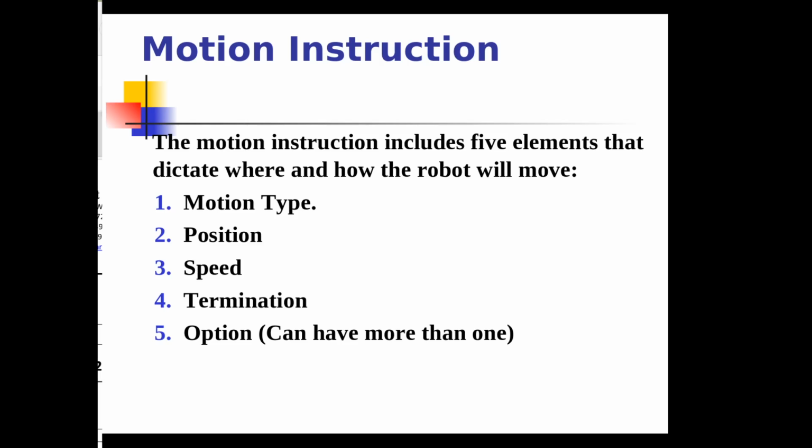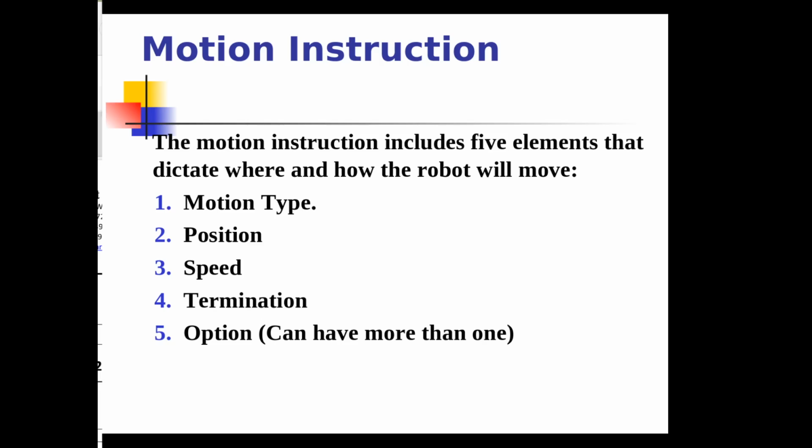The motion instruction is made up of 5 parts for Fanuc robots. The first part is simply the motion type, then the position or point that we're going to move to, the speed that we're going to move, and the termination, which is what we do when we get there.